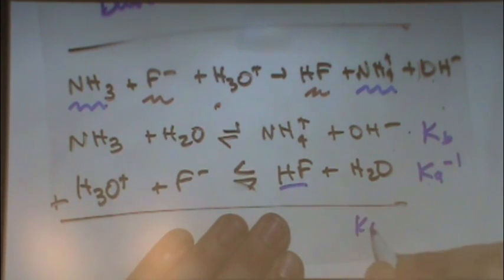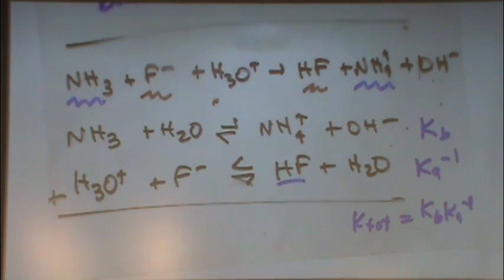So K total, when I add it up, is Kb times Ka to the minus 1. Cool? This is a typical type of question. You'll see it every once in a while on exams.